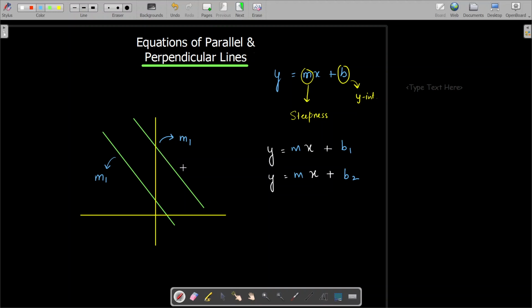So this line will have the equation of this form and this line will have the equation of this form. The slope will always be the same.